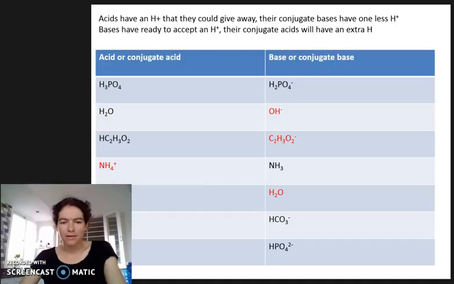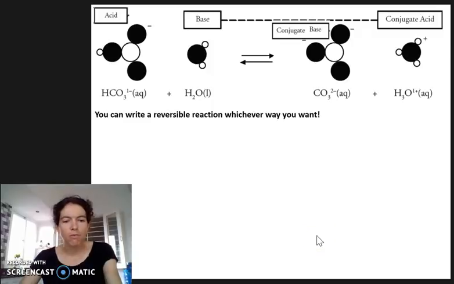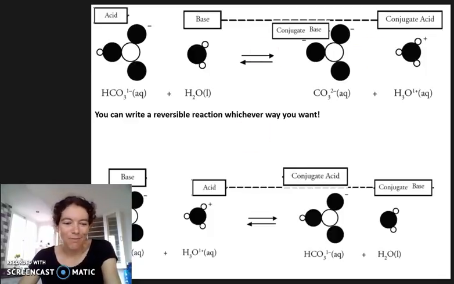The last thing is to remember that most of these are reversible reactions. So if you've got an acid and a base, here's its conjugate base: the acid doesn't have one of the protons anymore. The conjugate acid is the base that got a proton added. We could write this backwards. It's a reversible reaction. This is reactants going to products, but we could write it the other way around, and it's the same reaction.